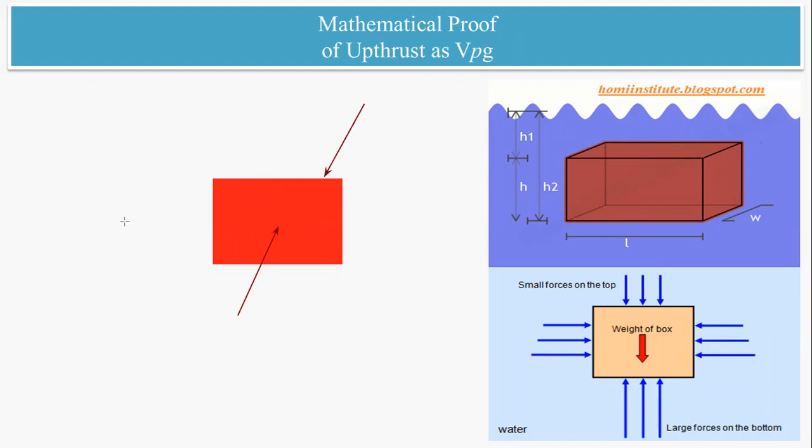In the same way, the force which is exerted from this corner and this corner is also equal in magnitude. Because of that, we say that it's a balanced force, वो वहां पे balance हो जाता है. But the force which is acting from the top and the force which is acting from the bottom are different from each other. At the very beginning, इस चीज को समझने की जरूरत है.